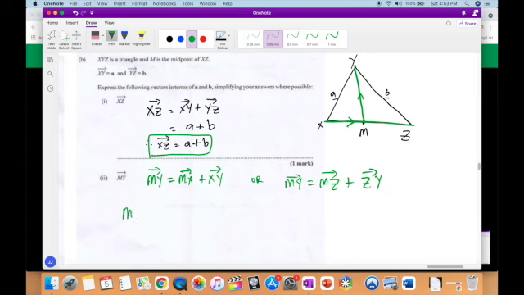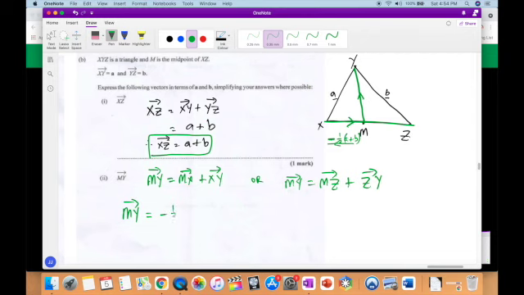You'll see why. MY is equal to MX, going in the opposite direction. So yes, it is a half A plus B, but I have to put that minus sign there because I'm going in the other direction.